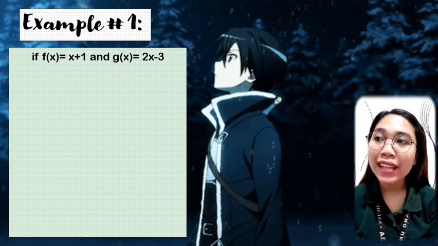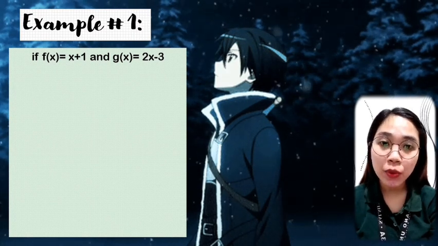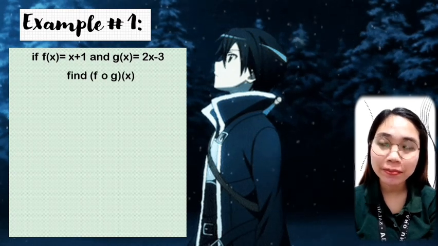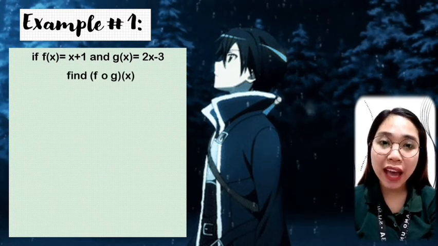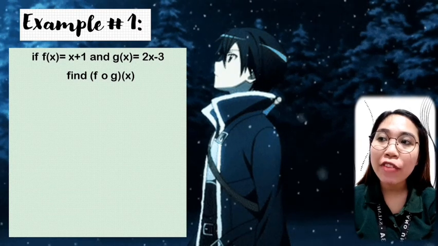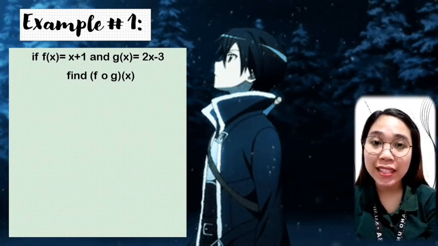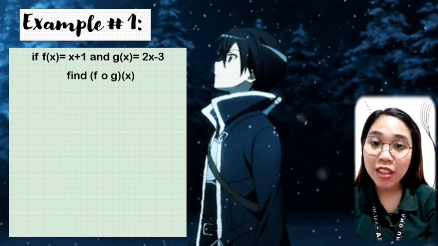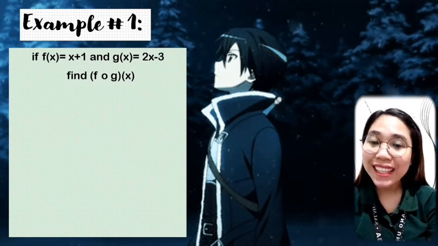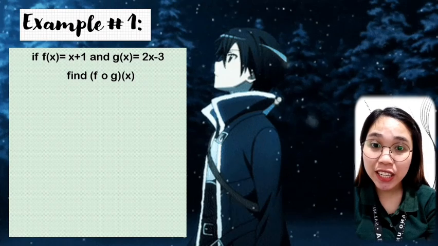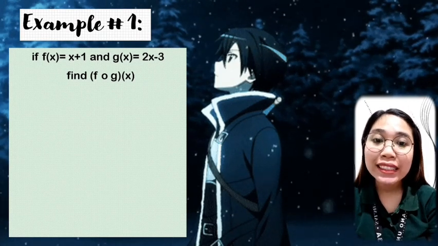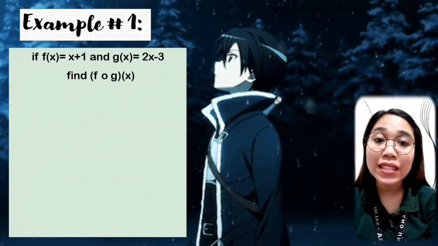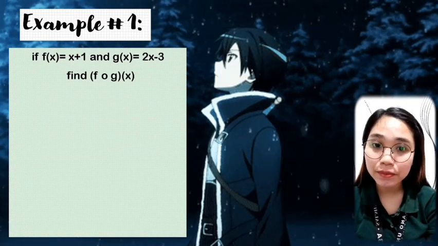If f of x is equal to x plus 1 and g of x is equal to 2x minus 3, find the quantity of f circle g of x. Okay, my first question. In the given question, what is the outside function, the one where we're going to replace all its x's?